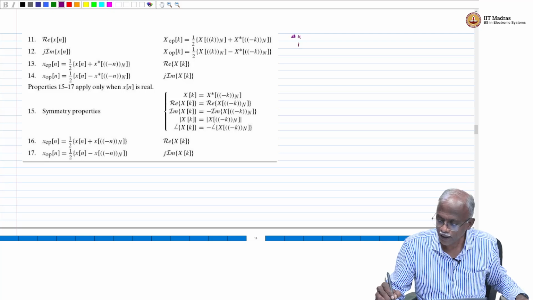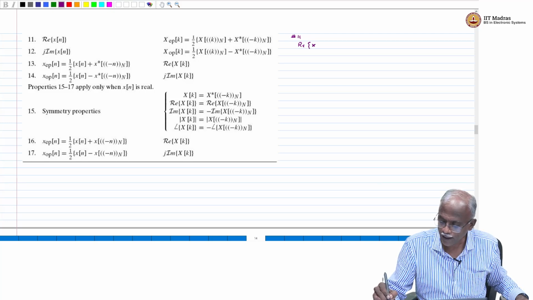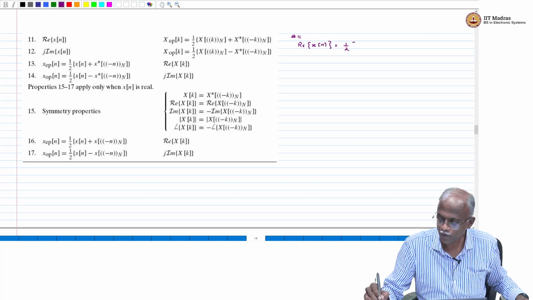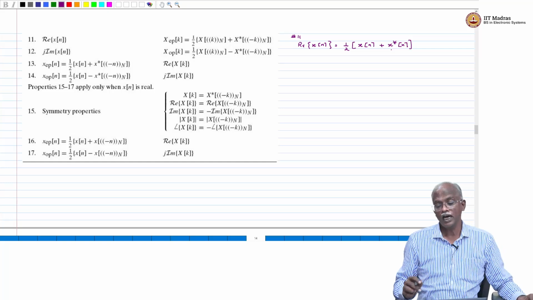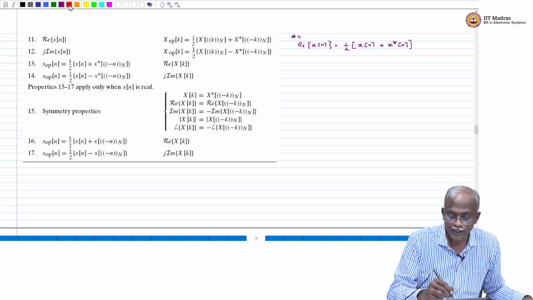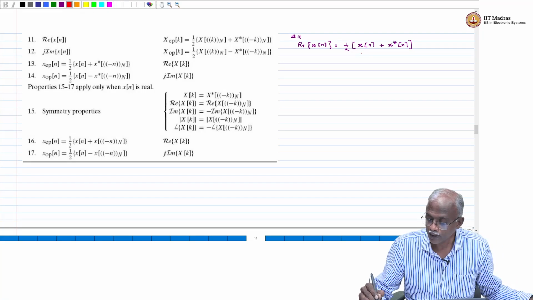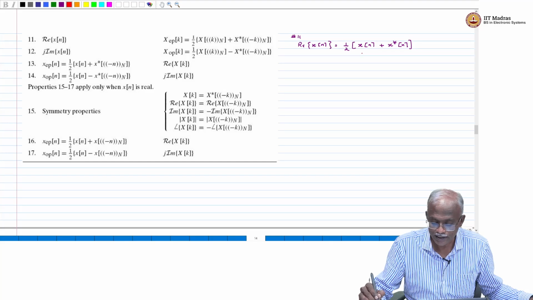Real part of x of n is given by 1/2 of x of n plus x conjugate of n, correct? And all we need to do is write down the corresponding relationships that we have.